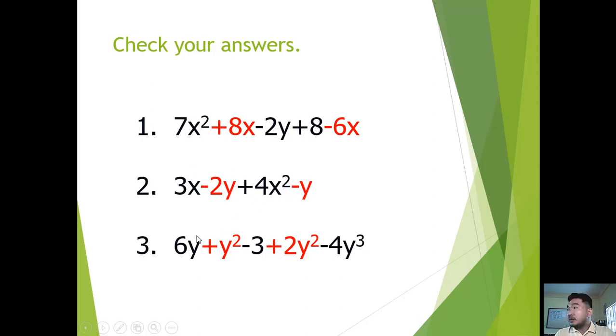For polynomial number 3, we have 6y plus y squared minus 3 plus 2y squared minus 4y cubed. The like terms here are y squared and 2y squared because they have the same variable and the exponent of the variables are equal, which is 2.